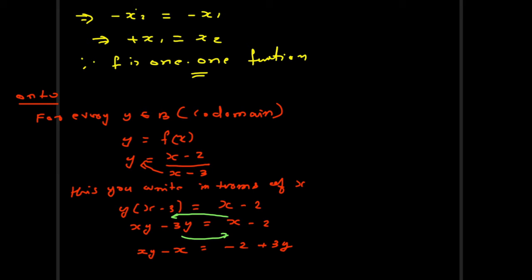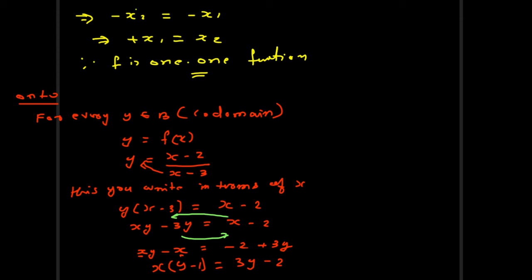Okay, so x here common, so you take the x, then put the bracket: x into y minus 1 equal to 3y minus 2. So x equal to, you divide by this, x equal to 3y minus 2 by y minus 1.